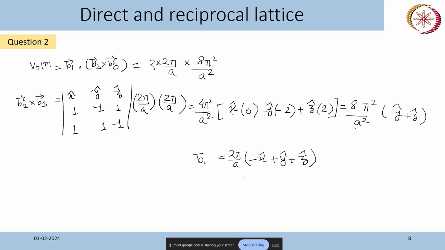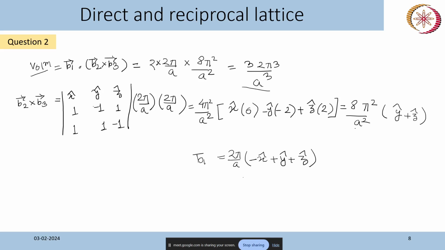Okay, so this is 32 pi cube by a cube. So now we got the volume of the primitive unit cell of the reciprocal lattice of the FCC direct lattice. This is in terms of lattice constant a, which is the lattice constant of the direct FCC lattice, right?